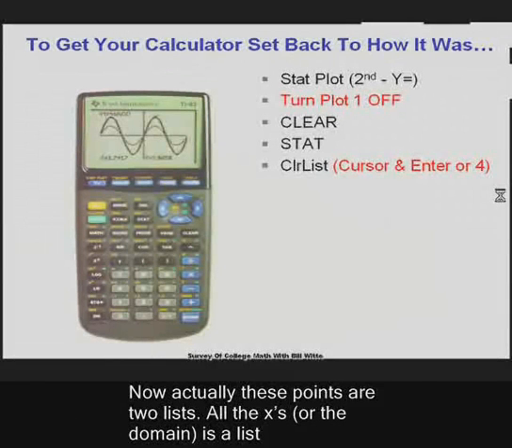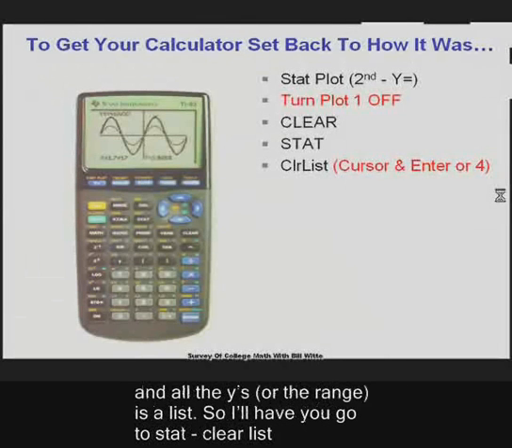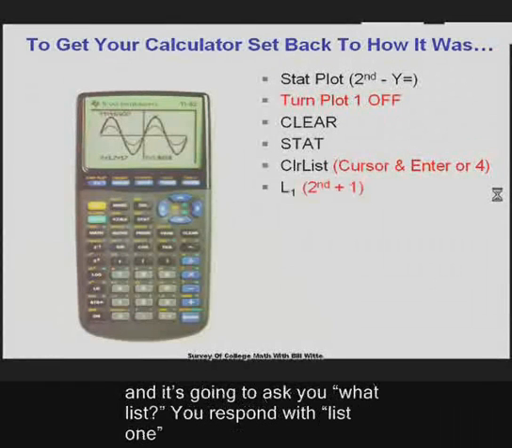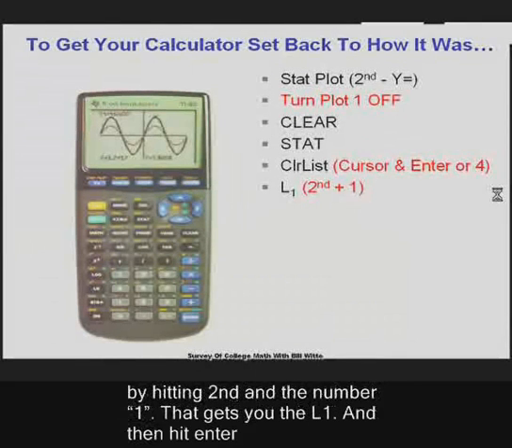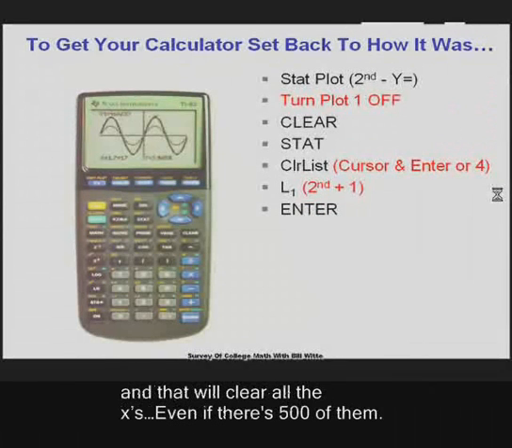All the x's where the domain is a list, and all the y's where the range is a list. So I'm going to have you go to stat, clear list, and it's going to ask you what list. Well, you'll say list 1 by hitting second and the number 1. That'll get you the L1. And then hit enter. And that will clear all the x's, even if there's 500 of them.